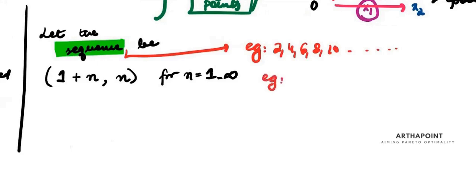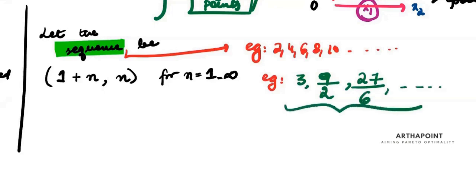My other sequence can be, let's say, 3, 9 by 2, 27 by 6, and so on. This is also a sequence. I just created one.